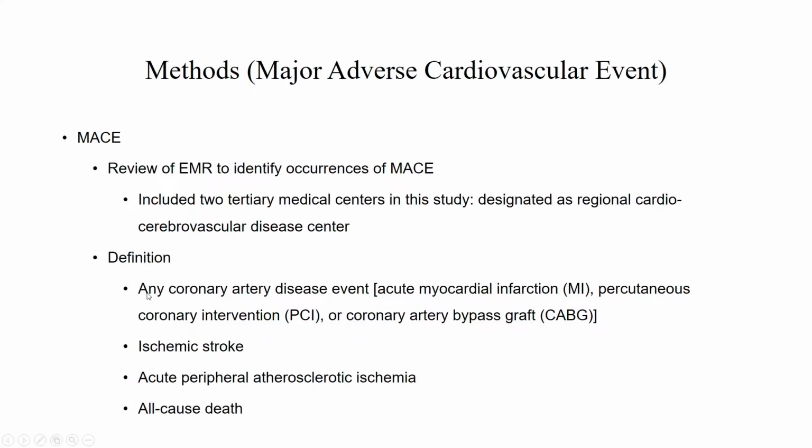MACE was defined as any coronary artery disease event, including acute myocardial infarction, percutaneous coronary intervention, or coronary artery bypass graft, ischemic stroke, acute peripheral atherosclerotic ischemia, or all-cause death.